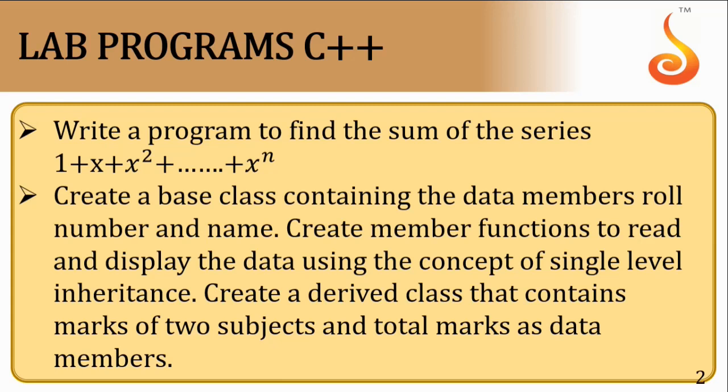There can be arguments or there may not be arguments. If you're passing any arguments, you need to specify how many you're going to pass, what would be the data type, and what is the order. Otherwise, if you're not passing any arguments from the calling function, it will be left blank. So that is how a normal function looks, whereas a constructor will not have a return type, not even void.